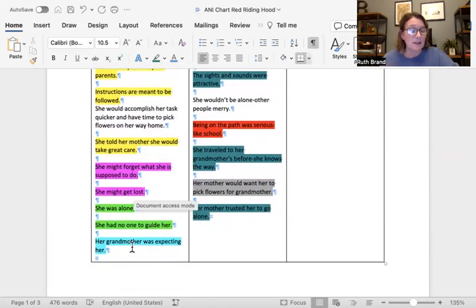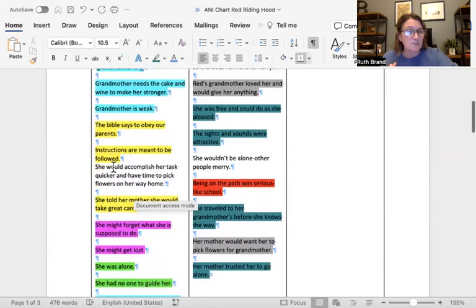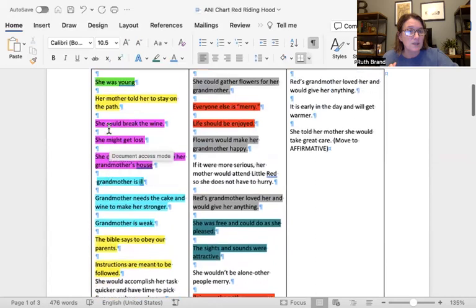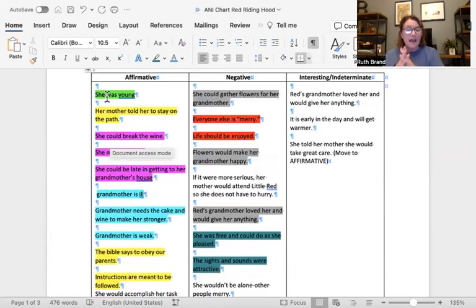Grandmother was expecting her. So as I went through my chart, I really only have 1, 2, 3, 4, 5, 6, 7, 8, 9, 10, 11, 12, 13, 14, 15, 16, 17. I have 17 things in this affirmative column. It's kind of nice for sure to have about 20 things.